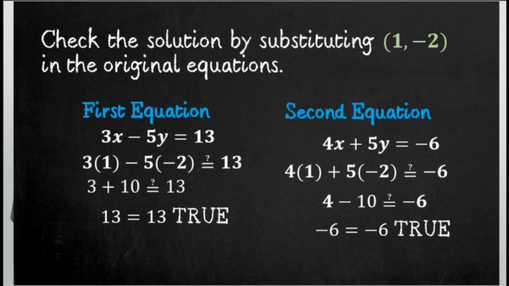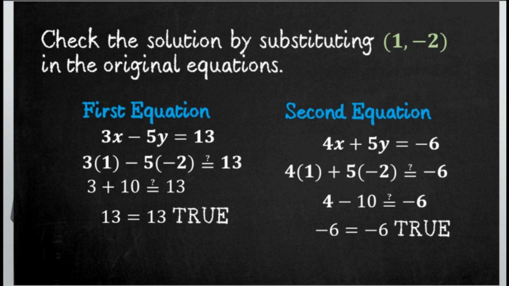To check the solution, substitute the value of x and y, which is 1, negative 2, in the original equations. For our first equation, we have 3x minus 5y equals 13. Substituting 1, negative 2 gives us the final statement 13 equals 13. Therefore, 1, negative 2 is true on our first equation.